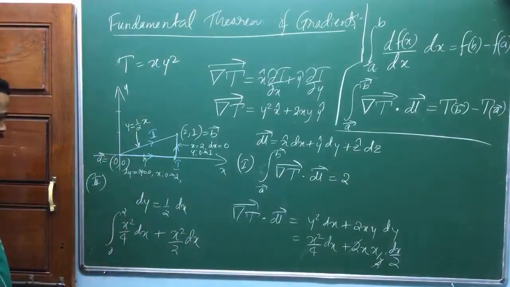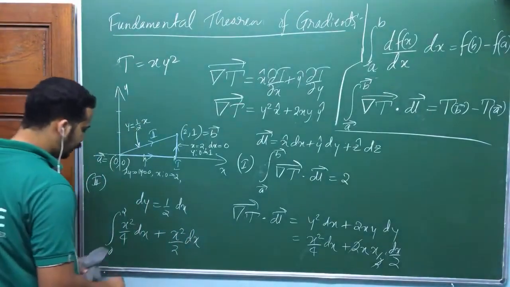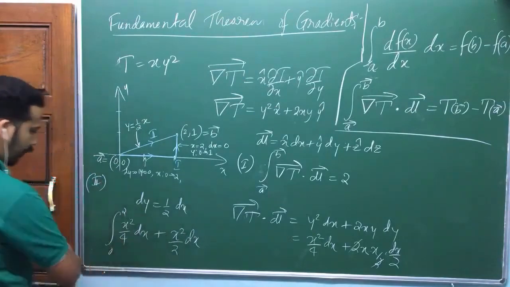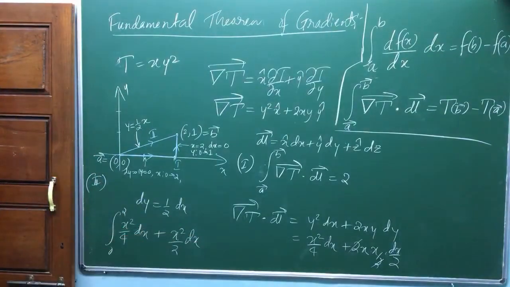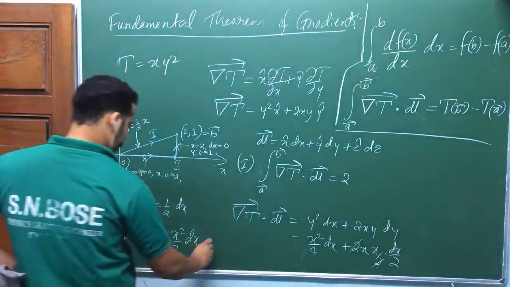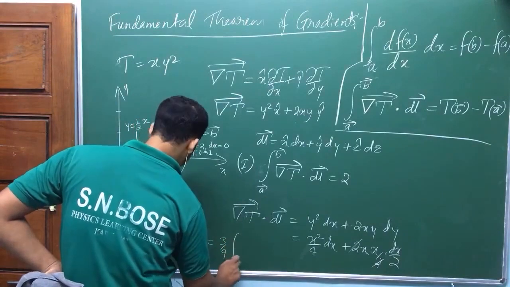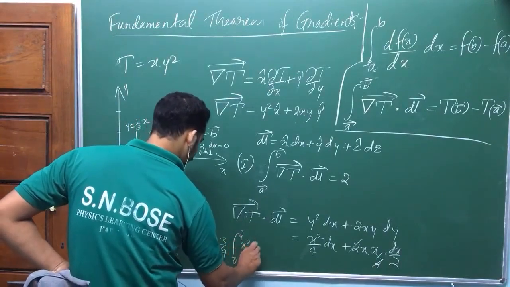Check this out. What is x square by 4 plus x square by 2? Speak out. Or just do this integral quickly, tell me. Three x square by 4. Three by 4 integral 0 to 2 x square dx.